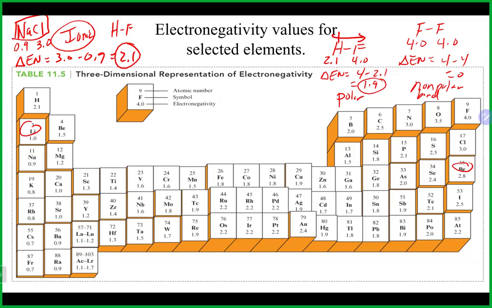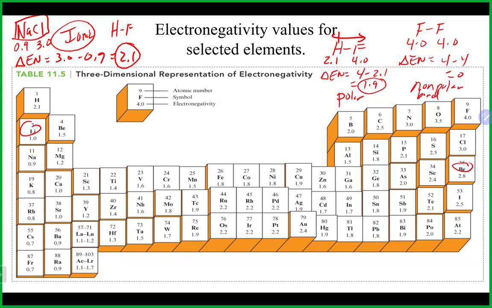So for diatomic molecules, that is the only place where you can use bond polarity, the difference in electronegativity, and it will also tell you if that molecule itself is going to be polar or non-polar, again, because it only contains one bond. We'll talk about at the end of the chapter, when you have 3 or more atoms involved, there are a couple other things you have to take into account to determine molecular polarity. So there are 2 types of polarity we'll talk about. This is, for the most part, bond polarity here.